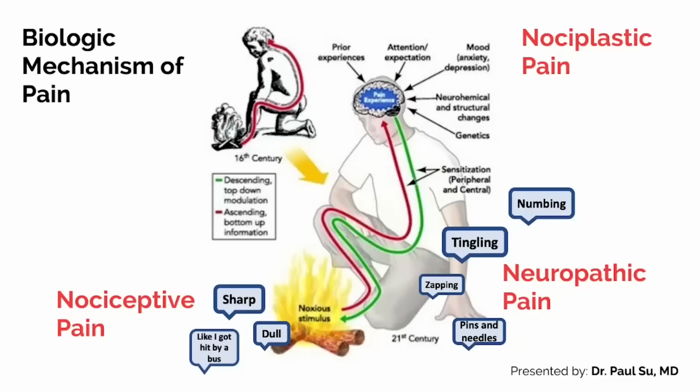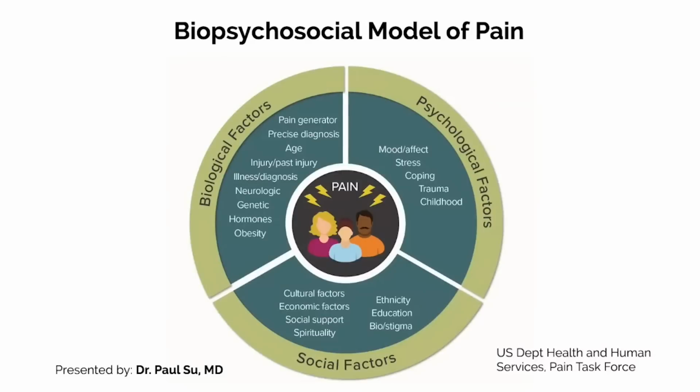So if you think about patients with fibromyalgia, patients with headaches, those are good examples of nociplastic pain. Now, what I presented before are just biologic aspects of how we explain how pain is processed. But pain is much more complicated than that.